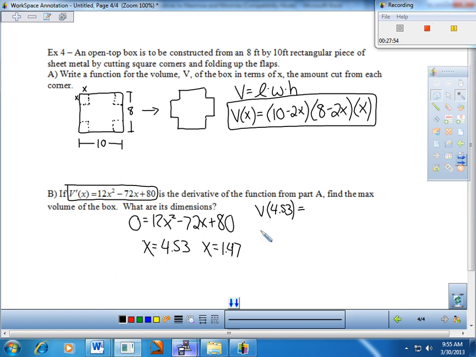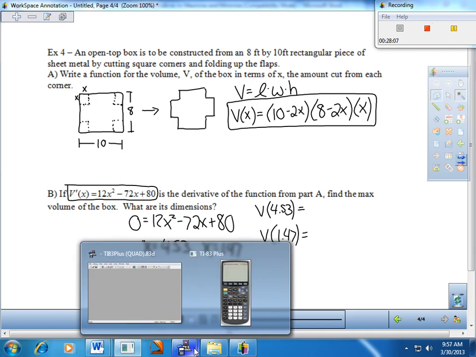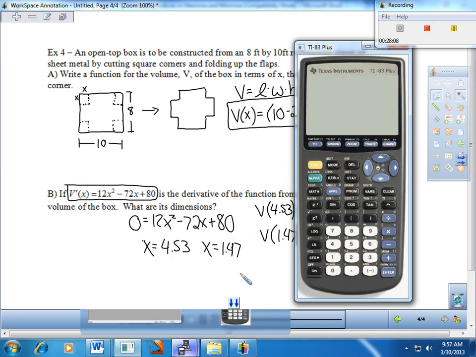So let's go ahead and do it. That is equal to something, and that is equal to something. They go back into the function. So I've got 10 minus 2 times x, 8 minus 2 times x, times the x. I'm just going to let the calculator do the work.